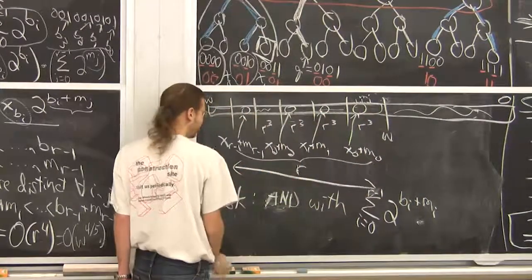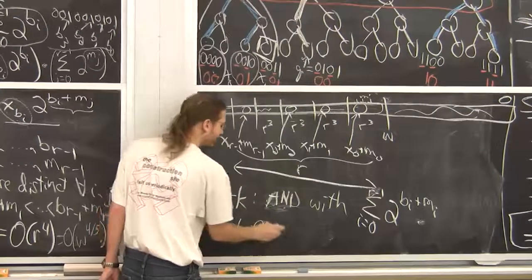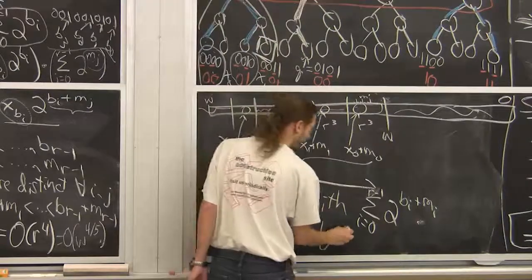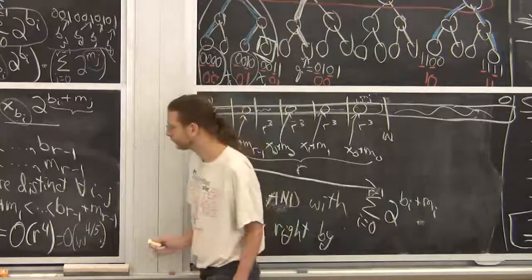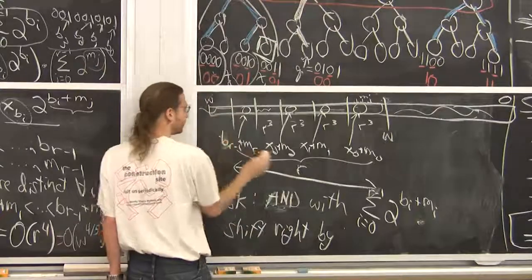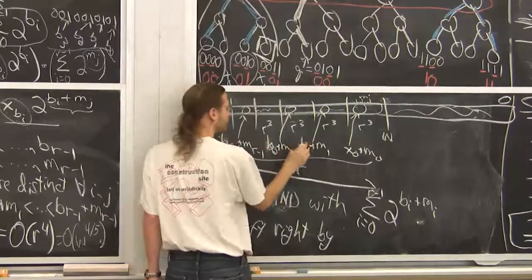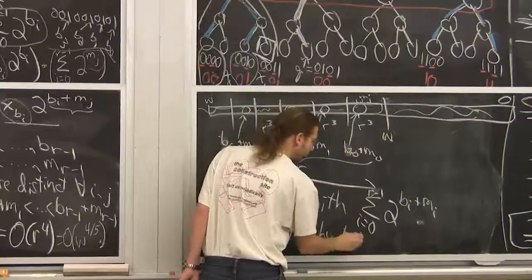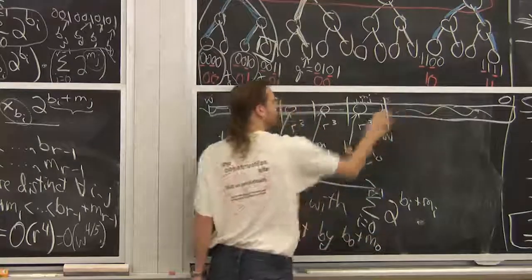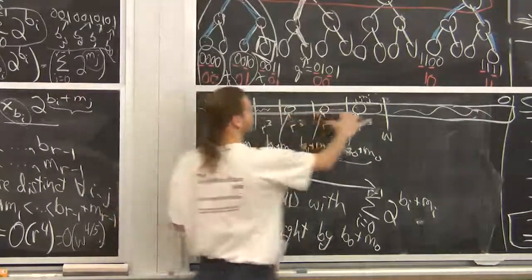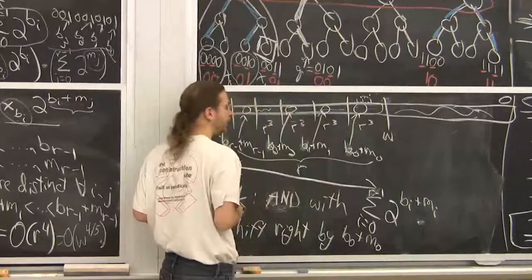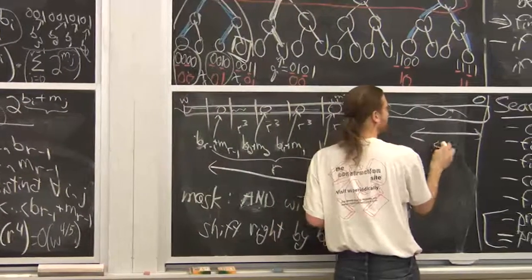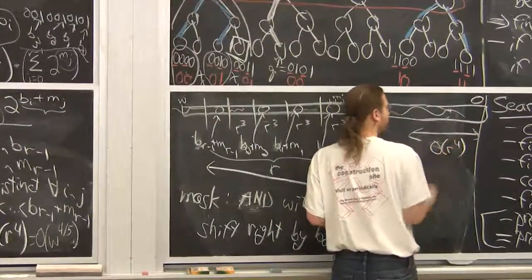So if we grab those things and then we shift right, sorry, these are all b's. Too many letters. And we shift right by b0 plus m0 because we don't care about all those leading bits. So we shift this over to the left. We did the mask. Then we will just have the important bits, and they will occupy over here an interval of size at most, let's say, order r cubed, r to the 4th, sorry.